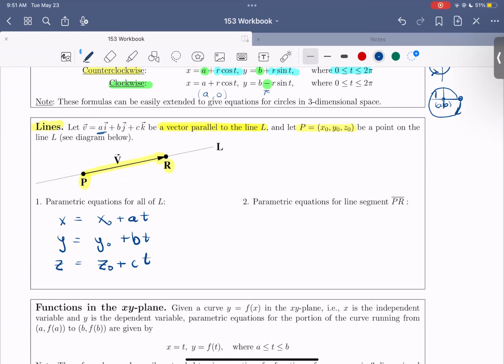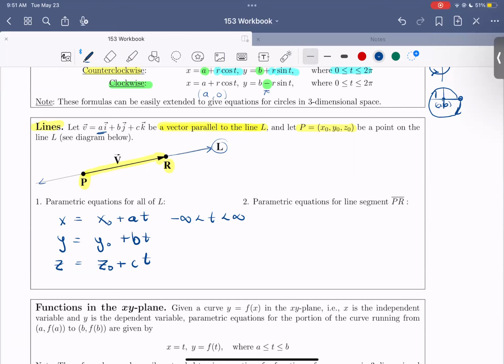And so what is happening with t? Well, we have this entire line here that we're parametrizing. So t can be anything between negative infinity and infinity. Okay, so that's the parametric equations for this entire line.